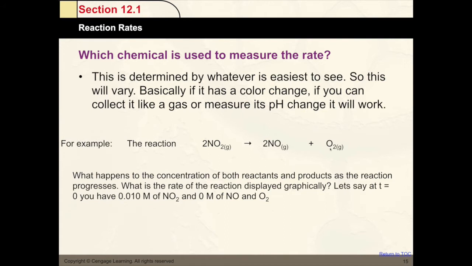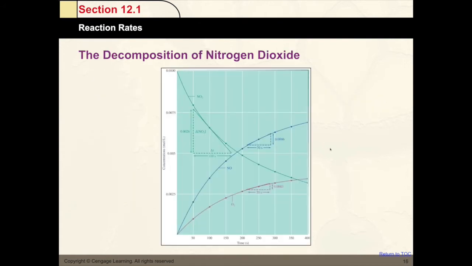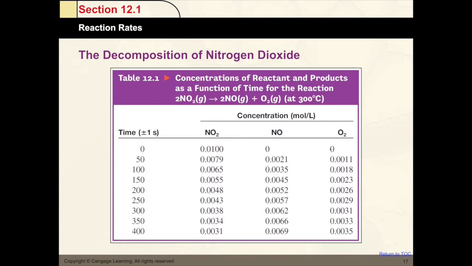And that is simple stoichiometry when we look at that. But before we do that, I'm just going to show you time equals 0. Here's your initial concentration of your reactant, and these are 0 and 0. And over time, every like 50 seconds, say, they're taking the new concentration and jotting it down, and you're going to see that this is appearing approximately twice as much as your oxygen is appearing.